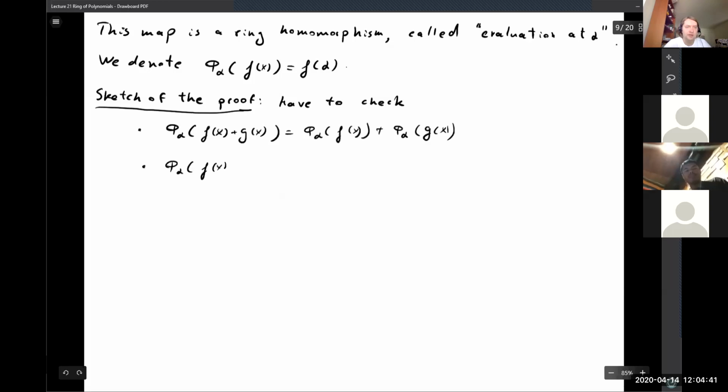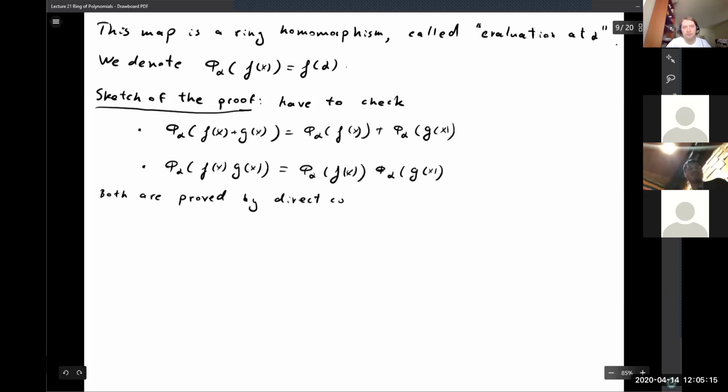Phi alpha of f of x multiplied by g of x is also just the multiplication of the results of evaluation, phi alpha of f of x times phi alpha of g of x. Now both of course are just obtained by straightforward calculation. Both are proved by direct computation.